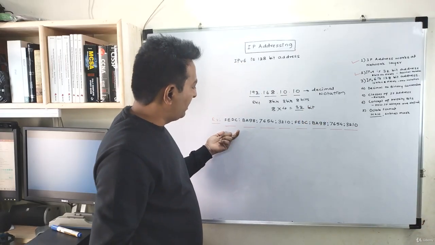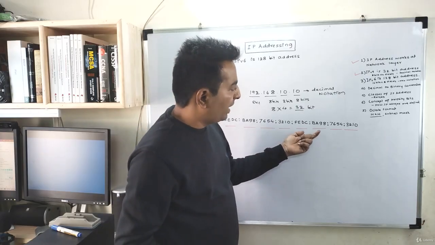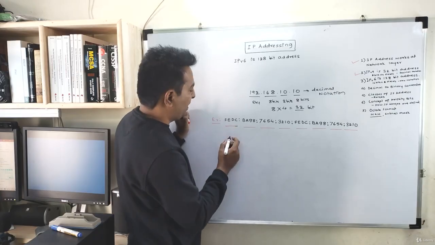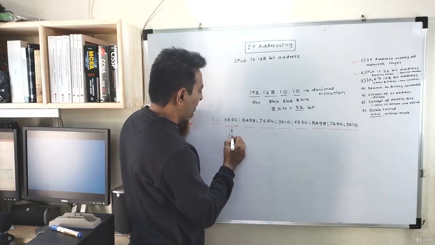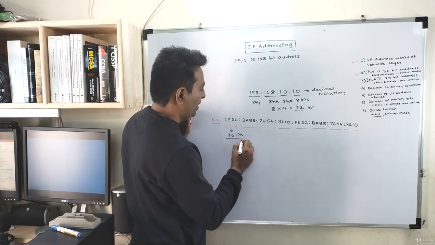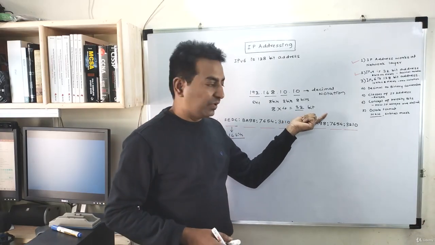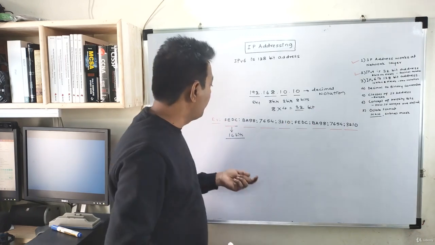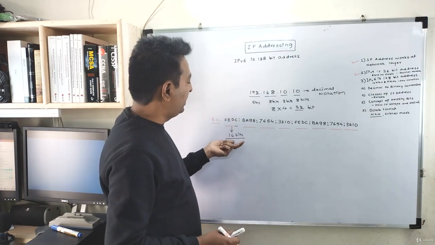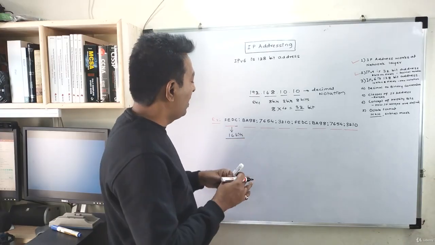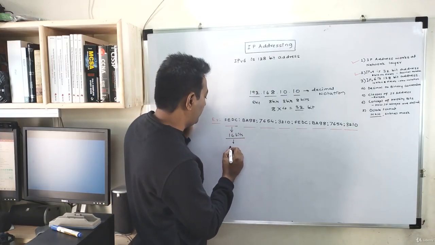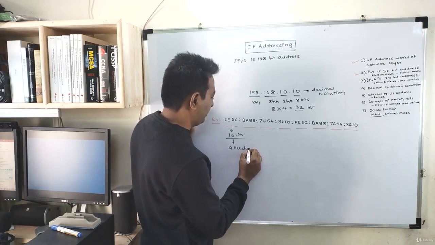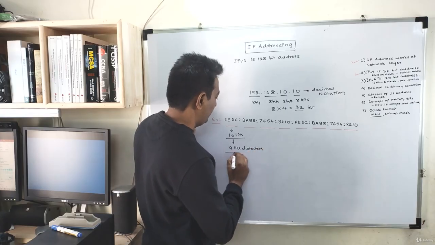So friends, when we look at the IPv6 address, each field is 16 bits. That is not bytes. Friends, make sure you make a note that it's not bytes, it's bits. So in the case of IPv6, a 16-bit field is represented using 4 hexadecimal characters.